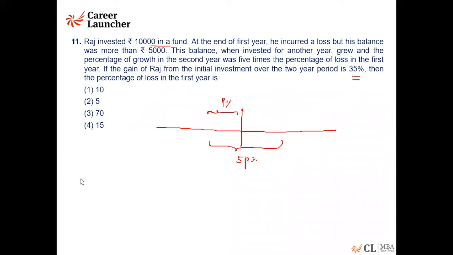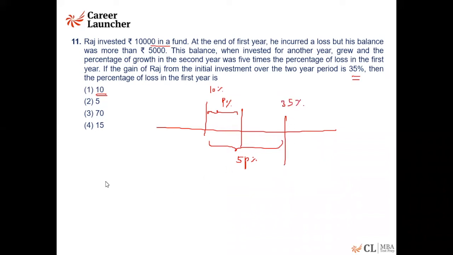So you could think of it as two successive increases. Otherwise, I would always look at the choices and check whether the choices are okay. So the best way is to start with 10%. If this is a 10% loss, and then you have a 50% gain, obviously the net gain is going to be 35%.